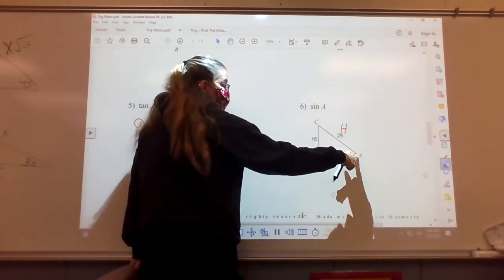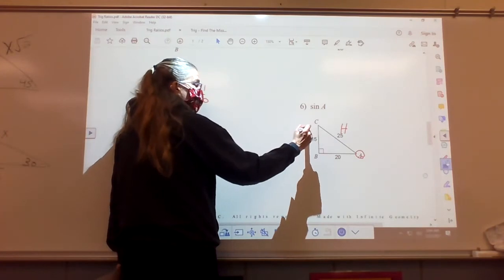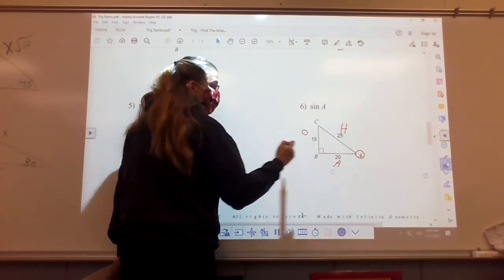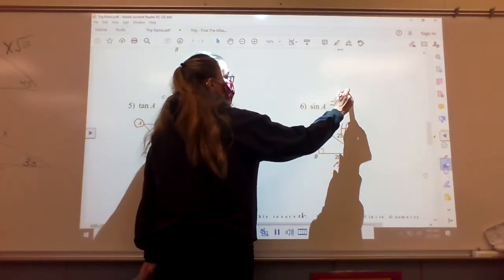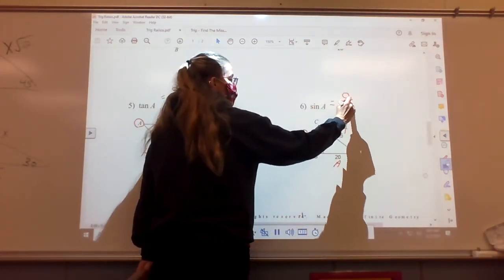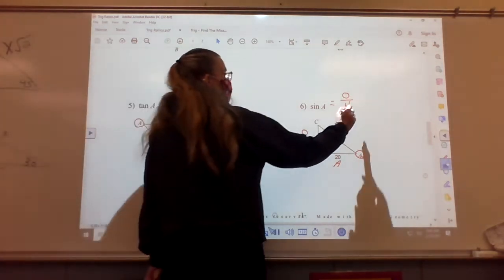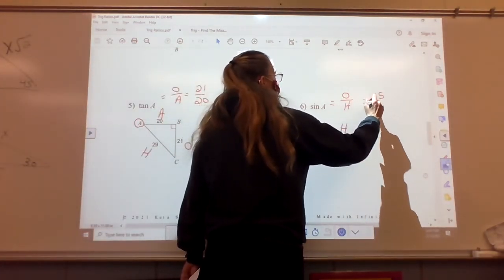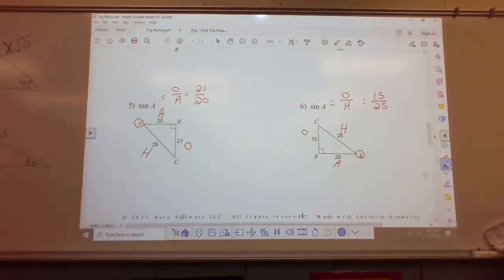I'm standing at A this time because there's an A there. Opposite, adjacent. So there's my three sides. Sine is opposite hypotenuse. Remember, that's the SOH. So the opposite was 15. The hypotenuse was 25. So 15 over 25. Those three. Are we okay?